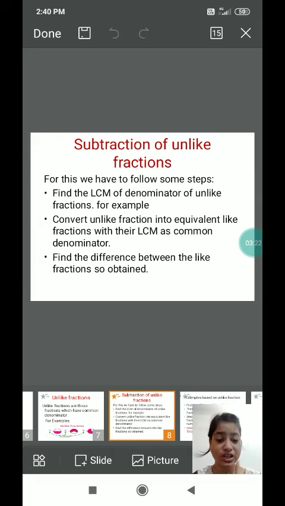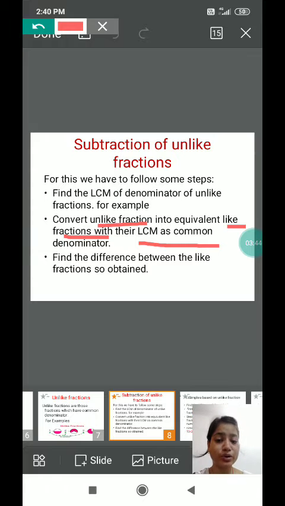First, take the LCM of the denominators of the unlike fractions. Second, convert the unlike fractions into like fractions with their LCM as the common denominator.